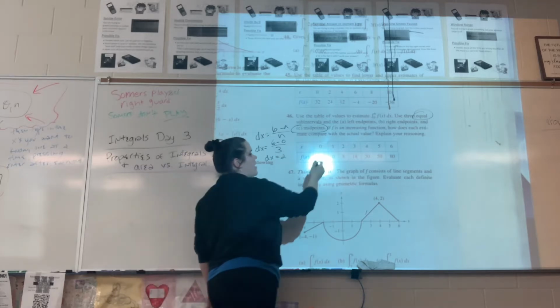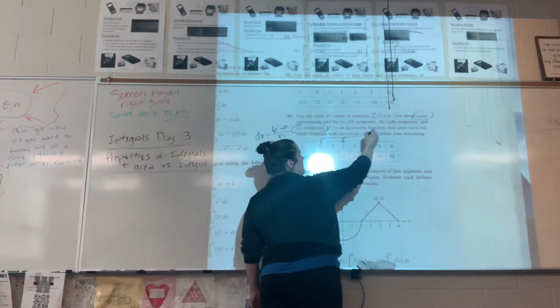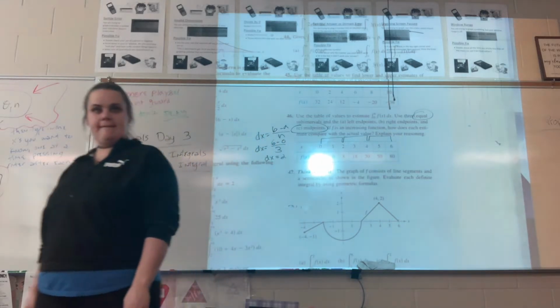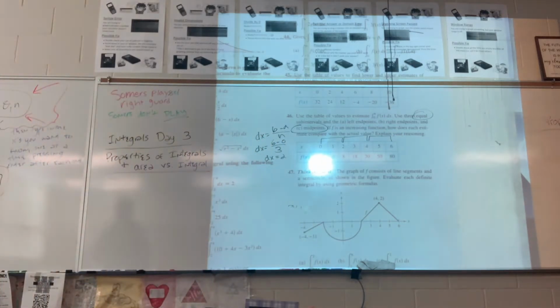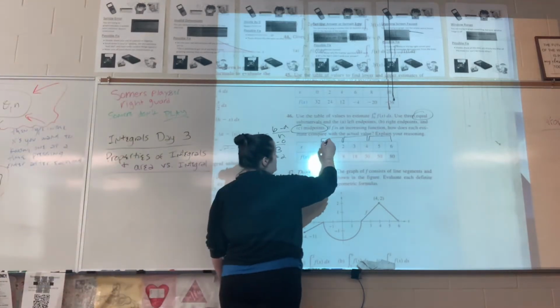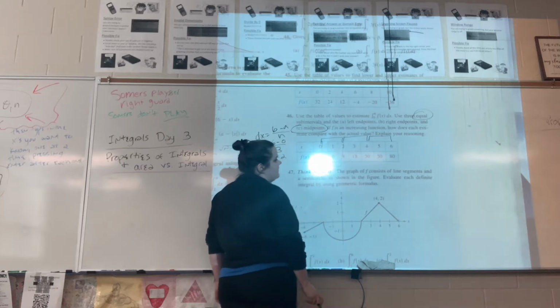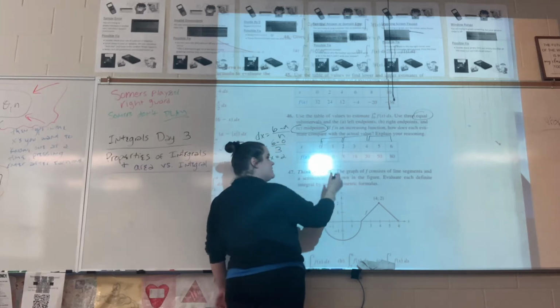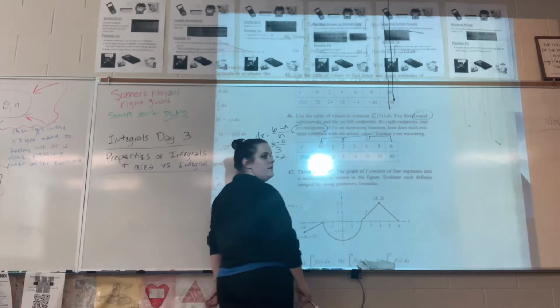So I know I'm going to want each rectangle to be 2 wide, right? Is that all right? Okay. Then for a midpoint, if this is my rectangle, its base is 2 and its height is determined by the middle value in the interval.